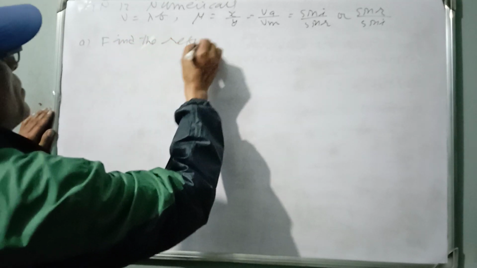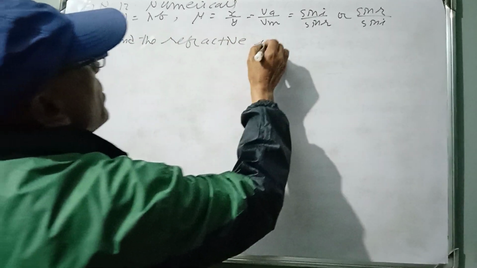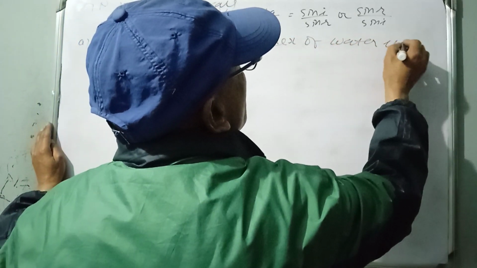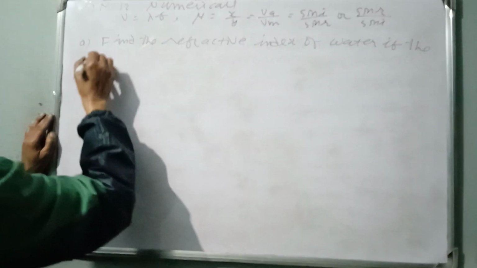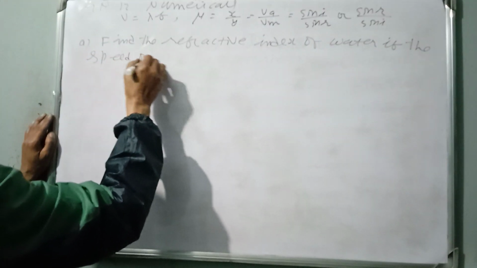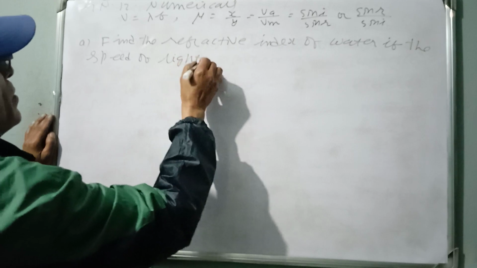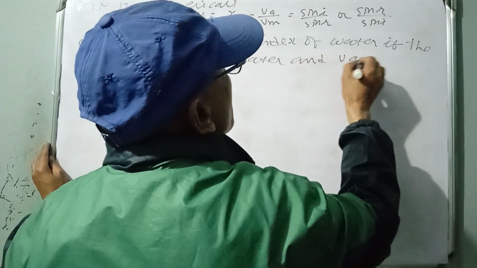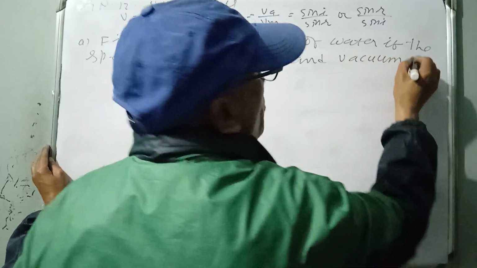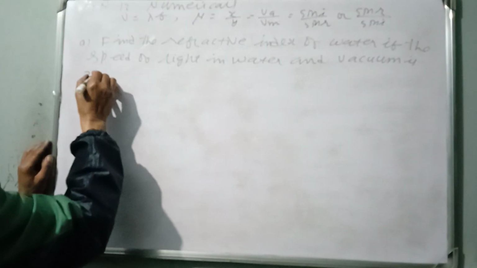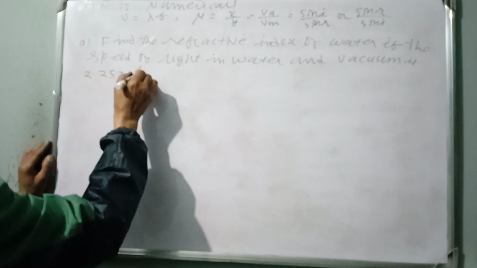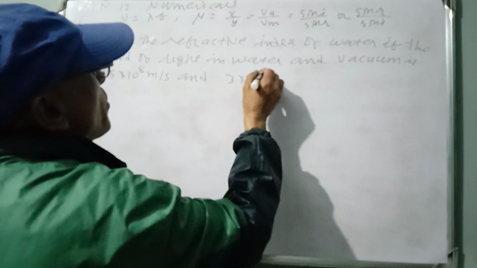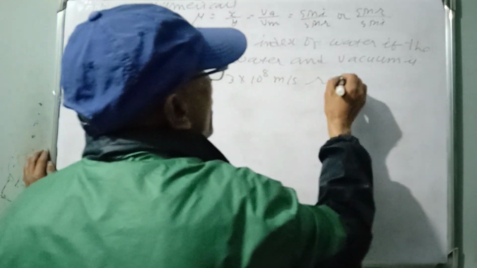A numerical. First, let me do this. Find the refractive index of water if the speed of light in water and vacuum is 2.25 into 10 to the power 8 meters per second and 3 into 10 to the power 8 meters per second respectively.